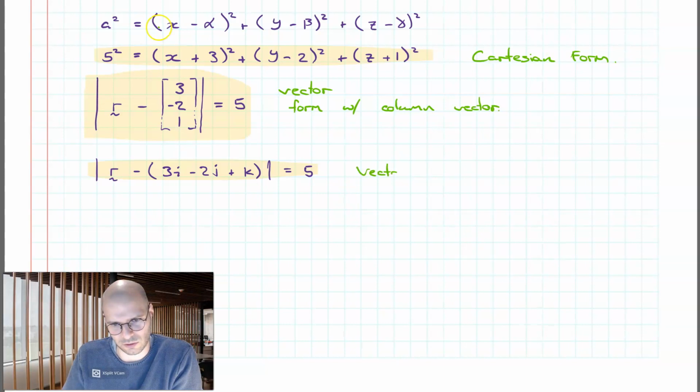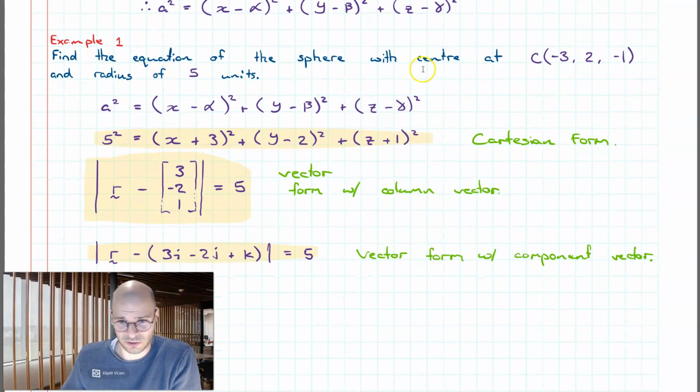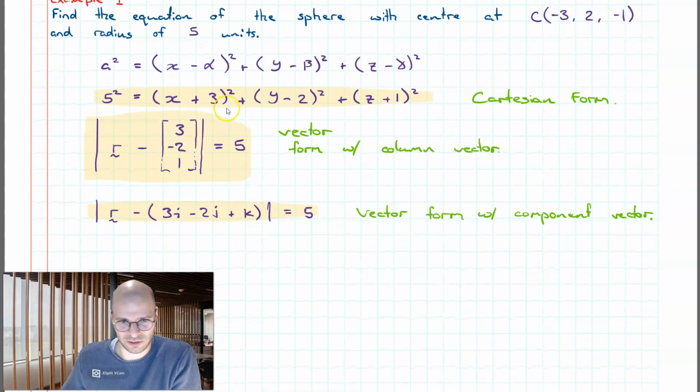So it's still vector form, however it's broken into its components. Nice and easy. So that's example 1, finding the equation of a sphere with a center of -3, 2, -1 and a radius of 5 units.